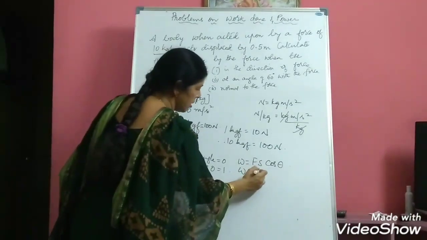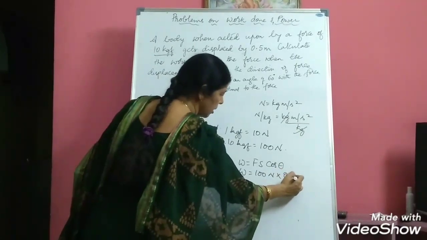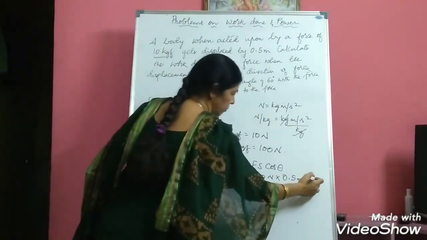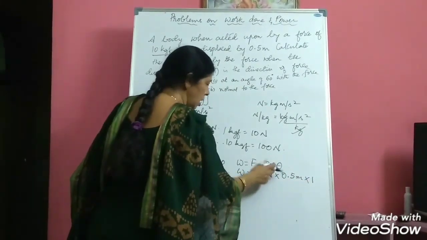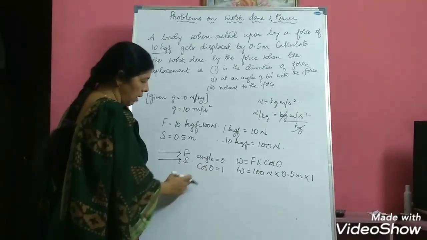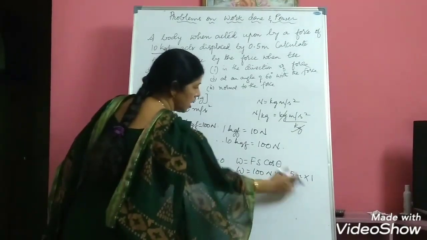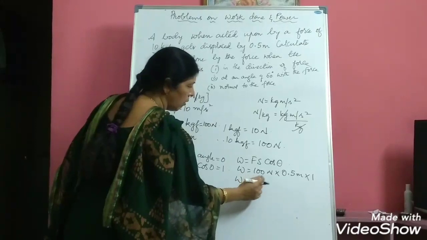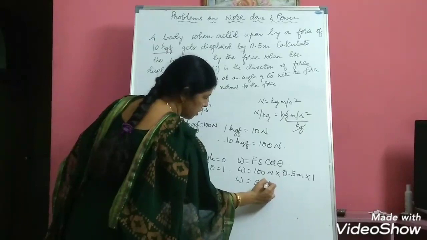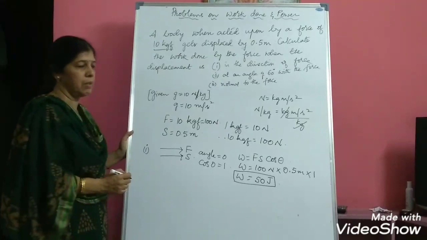We are given 100 newtons multiplied by displacement 0.5 meter, and cos 0 value is 1. Instead of using Fs cos theta, you can even use W is equal to Fs only. But to make you clear, I have used this formula because I am substituting the cos 0 value as 1. So W will be equal to 100 into 0.5, it will be equal to 50 joules. This is the solution for the first question.